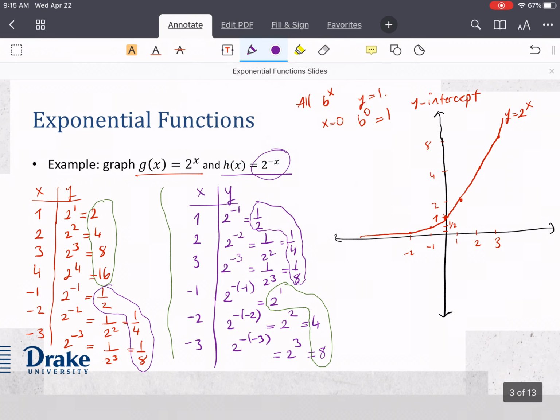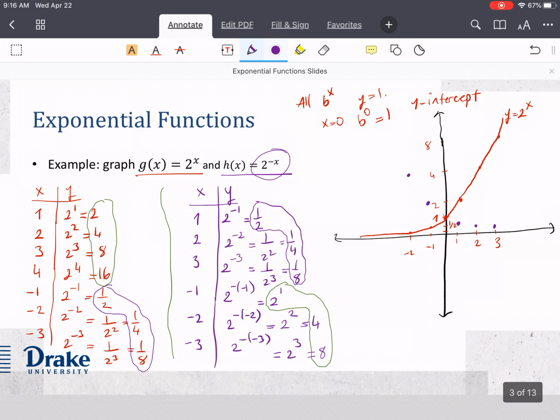If we similarly try to plot 2 to the negative x, you realize when x is 1, you get 1/2 here. When x is 2, you get 1 over 4, so smaller value here. When x is 3, then you get 1/8. It's a very small value. And then when you look at negative inputs, if it's negative 1, then you're at 2. When you're at negative 2, you're at 4.